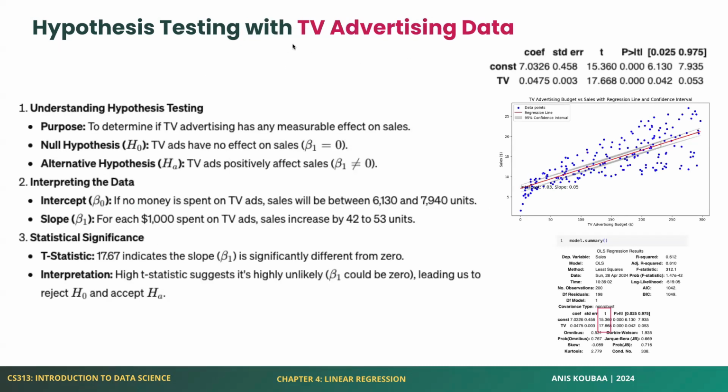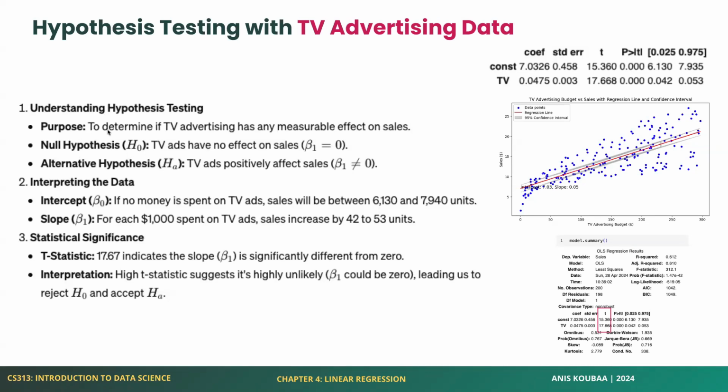So let's apply this to the TV advertising data. Using Python code, we can derive a model and obtain the following summary. This summary provides several pieces of information about the performance of the regression model with respect to the data used to build it.